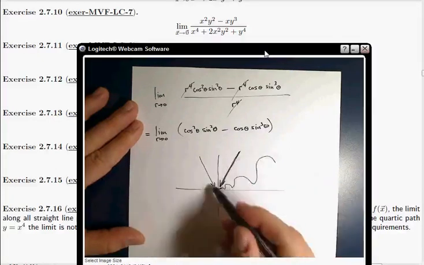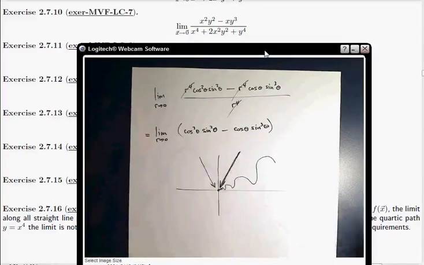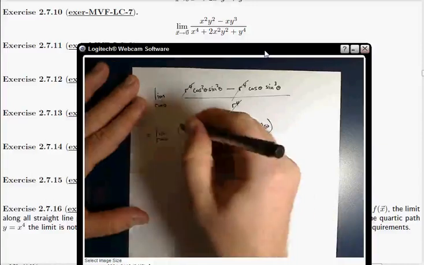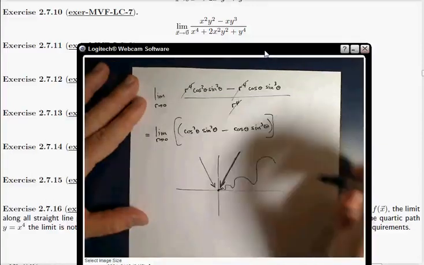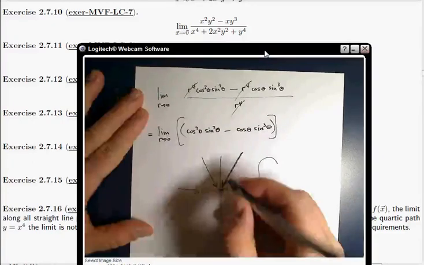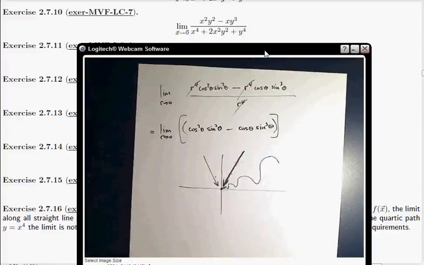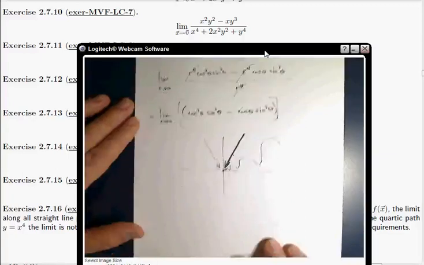Then I approach along this line, a different theta, but still constant. Again, I'll get this kind of value, but for a different theta. So the punchline is that because this expression depends on theta, the limit that I get depends on which path I approach the origin along. Therefore, the limit does not exist.